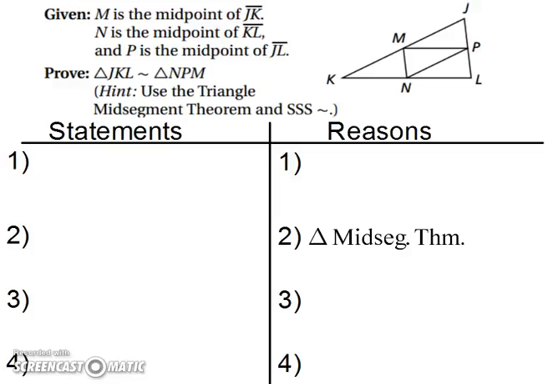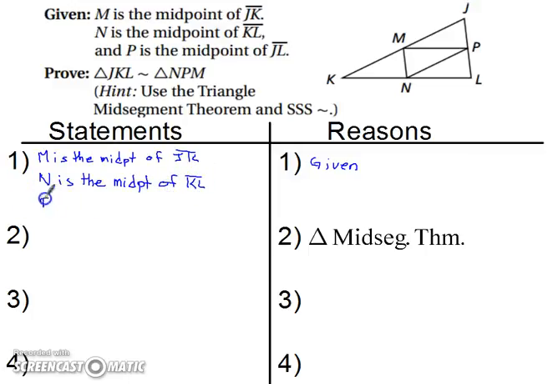So in our proof, we will start with the givens. So we have M is the midpoint of JK, and we have N is the midpoint of KL, and P is the midpoint of JL.